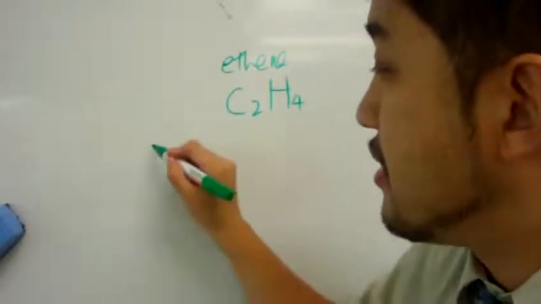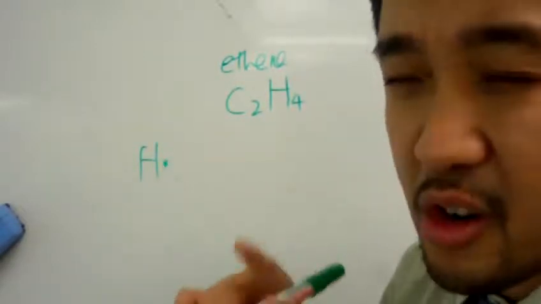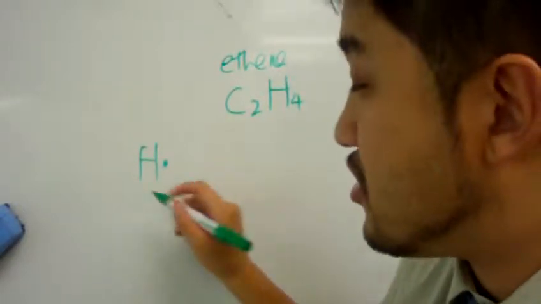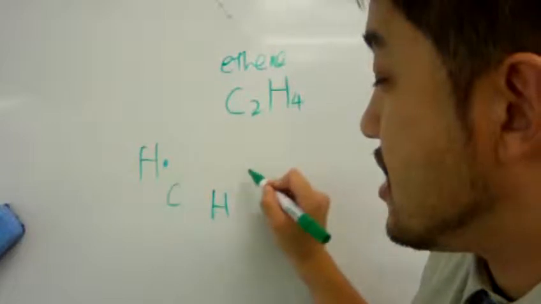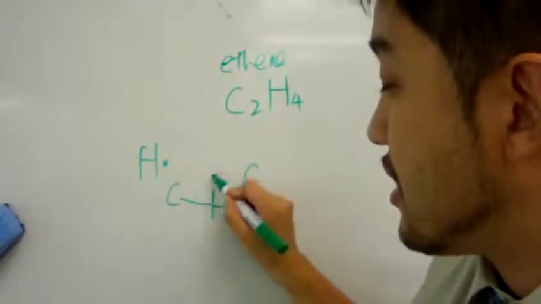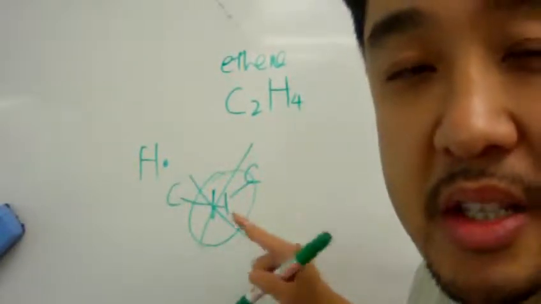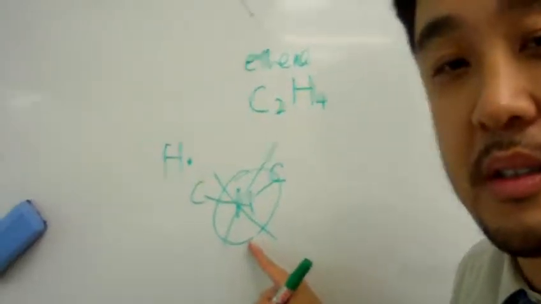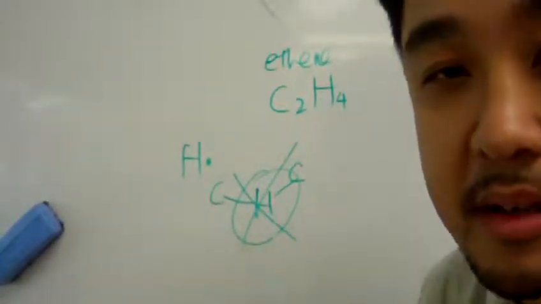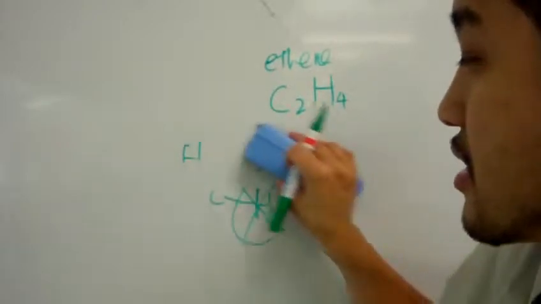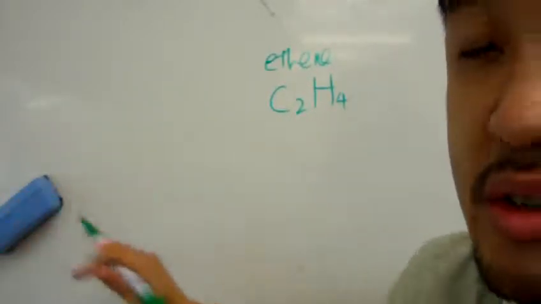Why? Because each hydrogen can only form 1 bond, and if hydrogen were the central atom with carbon around it, that's not going to happen. So the carbon atoms are going to be the central atoms.